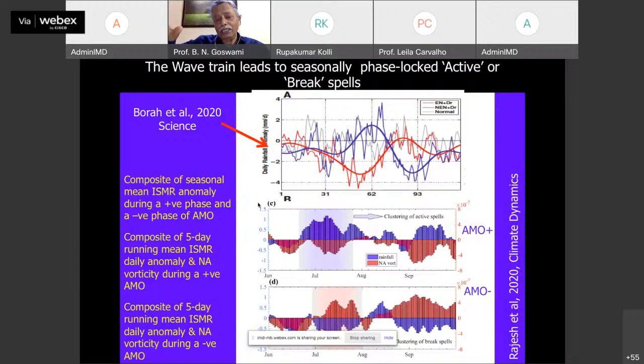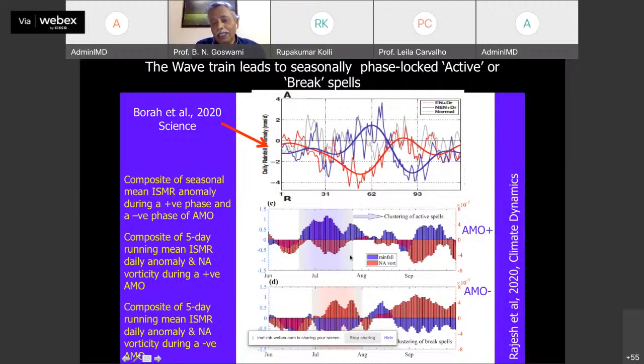That intra-seasonal modulation essentially modulates the intra-seasonal activity over the monsoon region, and it phase locks the monsoon active and break spells. Long active and break spells are phase locked with the seasonal cycle, and that phase locking, in the case of positive AMO, gives rise to positive active spells, and they are very much associated with the vorticity.